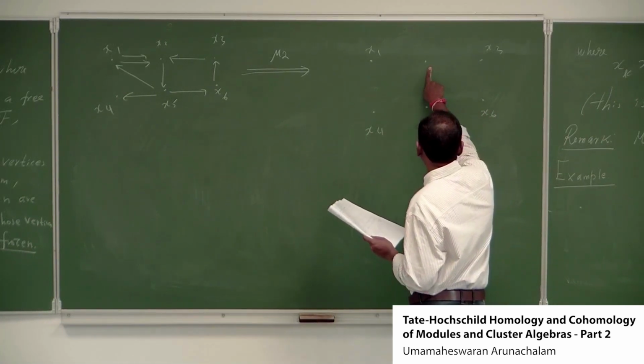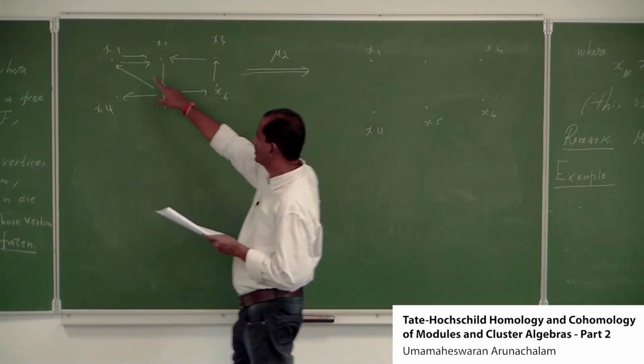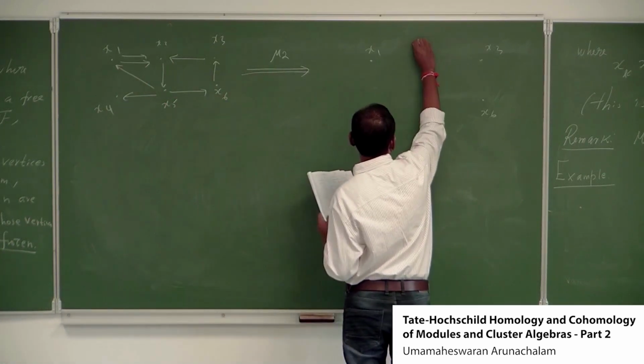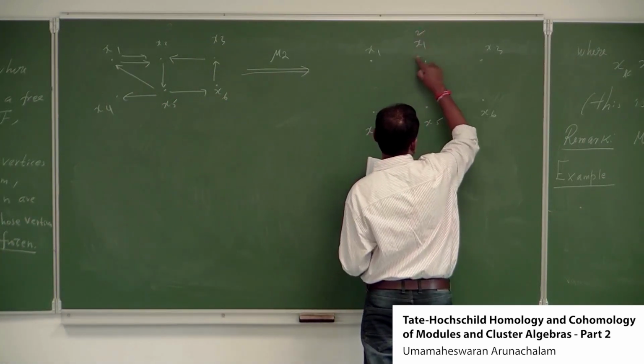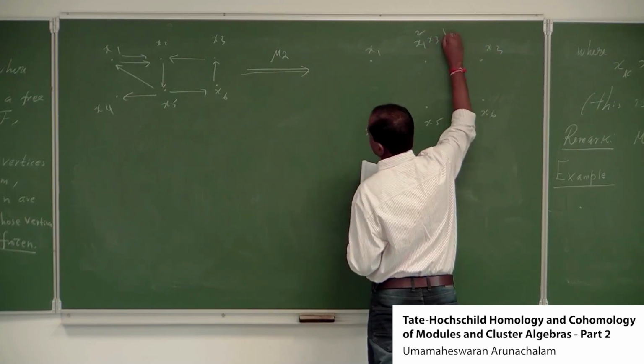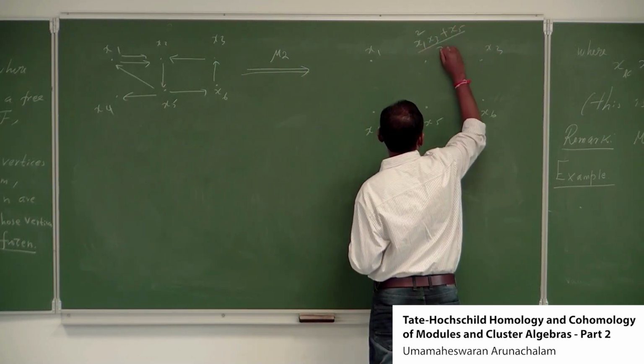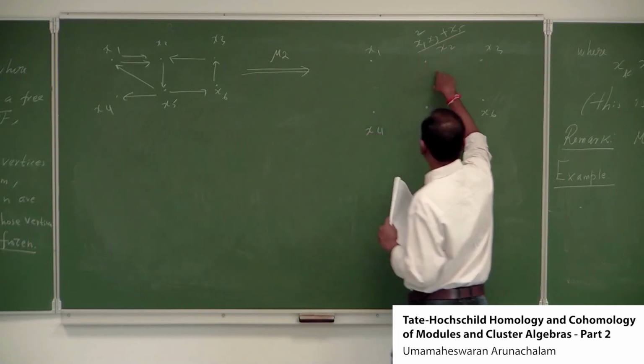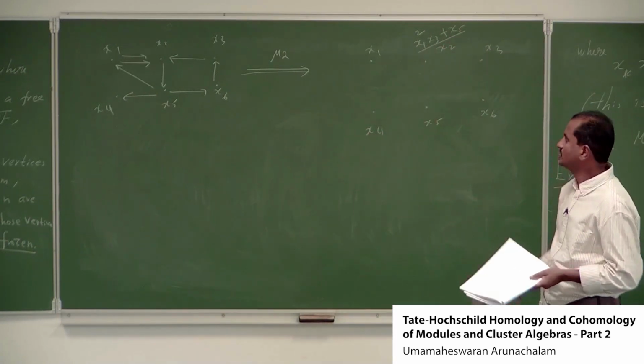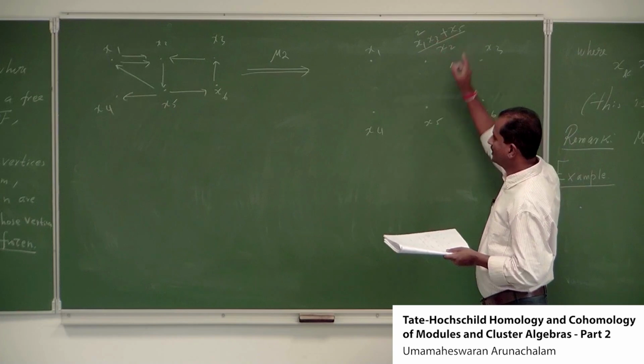X2 dash is multiplied; since 2 arrows are coming, we take x1 squared into x3 plus x5 divided by x2. This is the new x2. In this way we have to change the variable.